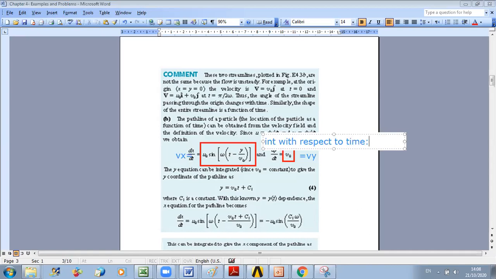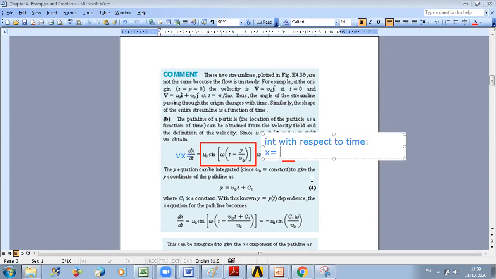We have the integration of dx over dt is x. Okay, so I obtain that x is equal to, now if I integrate this term with respect to time, what do I get? The integration of sine omega t is what? It's minus cosine over, and I should divide by what? I should divide by omega.